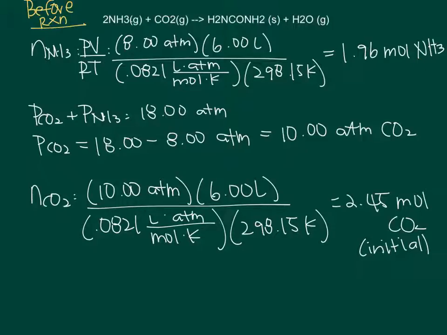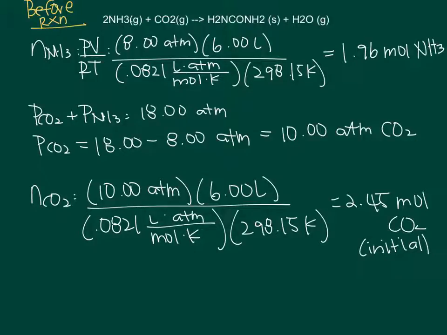For the second one, to figure out the moles of carbon dioxide present before the reaction, we first have to figure out the partial pressure of carbon dioxide. We know the total pressure in the flask when the carbon dioxide was added was 18, but to find the partial pressure contributed by the carbon dioxide, we subtract 8.00 atm, the partial pressure of the ammonia. That gives us 10.00 atm of carbon dioxide.